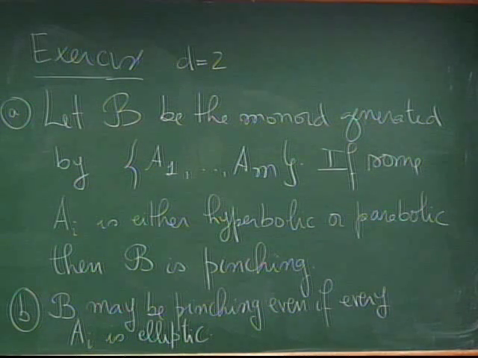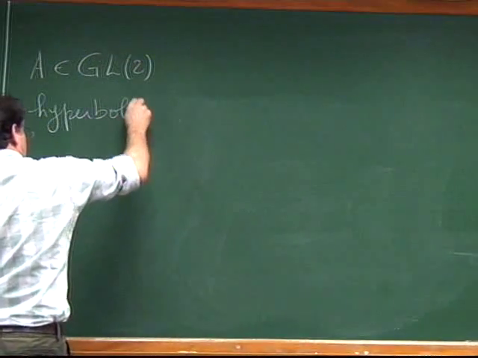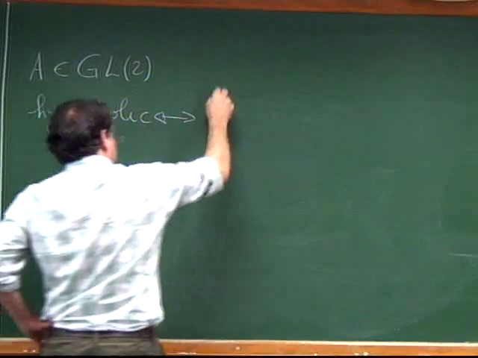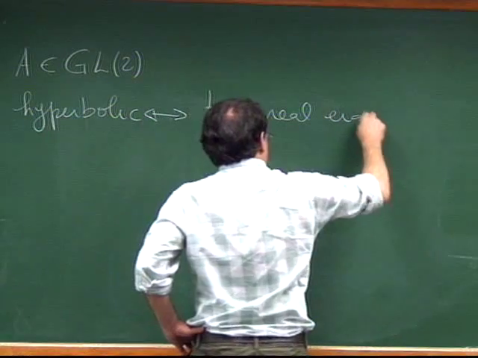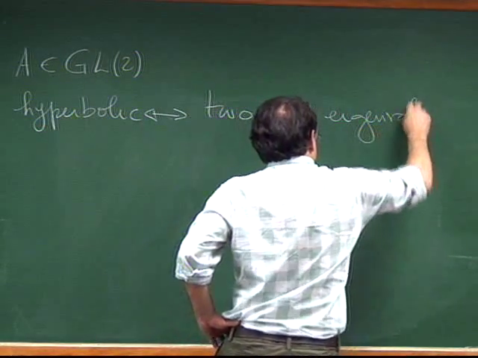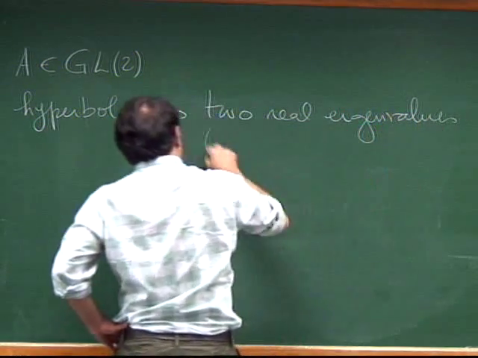If you have a non-invertible matrix in dimension 2, hyperbolic means 2 real eigenvalues, distinct.